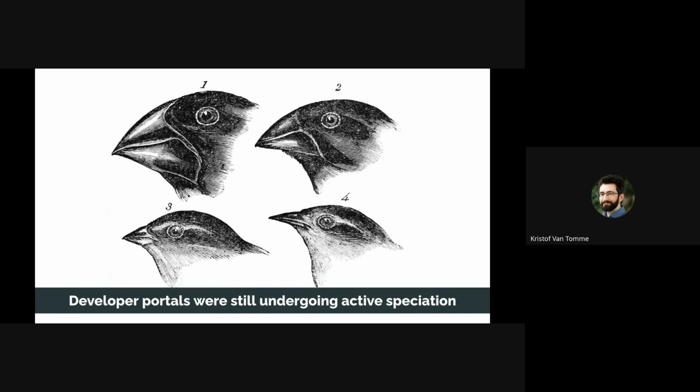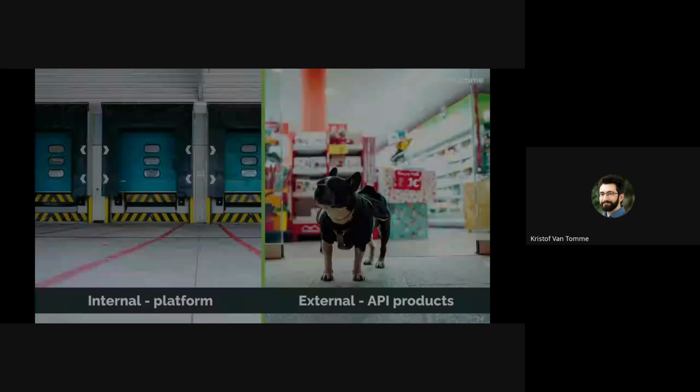But what we saw with developer portals was that the way that we wanted to service our customers, there were too many different requirements. And it felt like there were very different types of developer portals that customers needed.